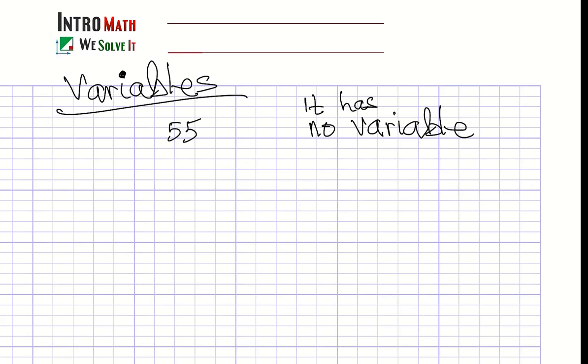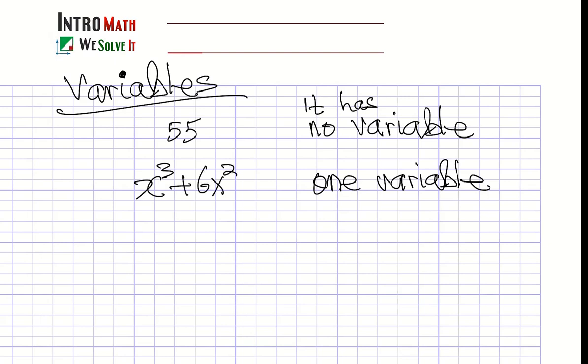Now what of this one here? Well, a polynomial can also have one variable. That's what we're working with. An example is something like x raised to the power 3 plus 6x raised to the power 2 plus x.